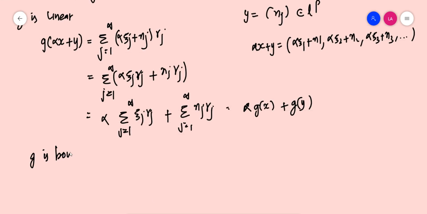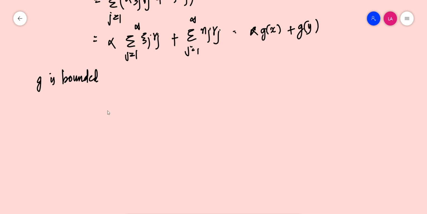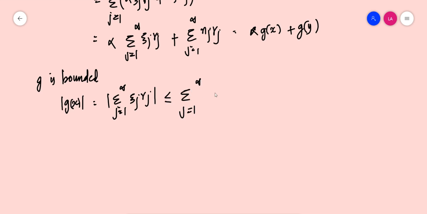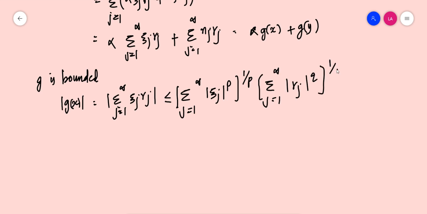So g is bounded. For that, modulus of g of x is equal to modulus of the summation over j from 1 to infinity of theta j times gamma j, which by Holder's inequality, if p and q are conjugates, is less than or equal to the summation of modulus of theta j raised to p, the whole raised to 1 by p, times the summation of modulus of gamma j raised to q, the whole raised to 1 by q.